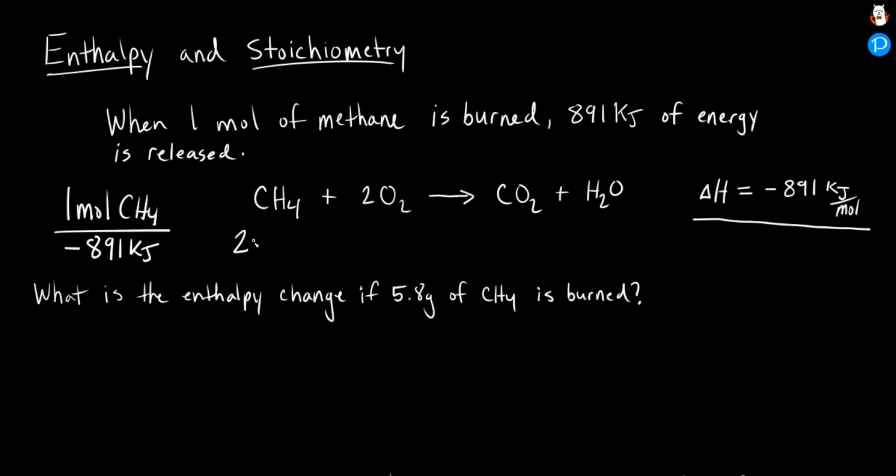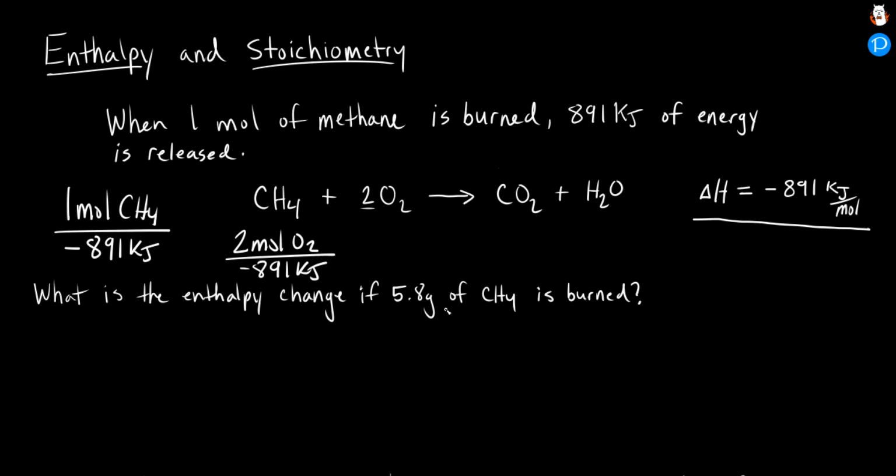For every 2 moles of O2, there's 891 kilojoules of energy released. 2 because I've got a 2 in front of this, right? For every 2 moles of oxygen that are used up, there's this much energy that's released. Remember that negative there is just referring to whether it's endo or exothermic, so it's negative because this is an exothermic reaction. That's the amount of energy that's going to be released.